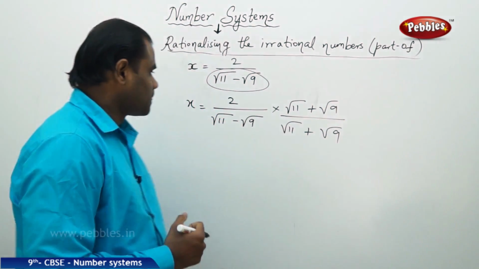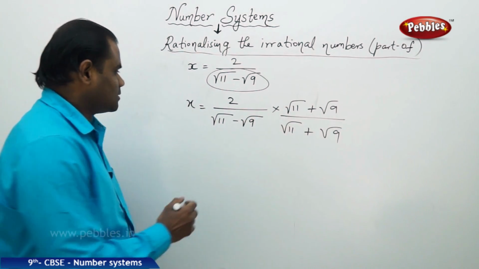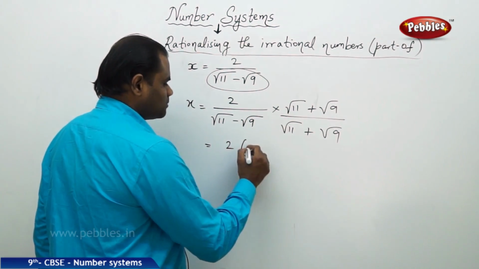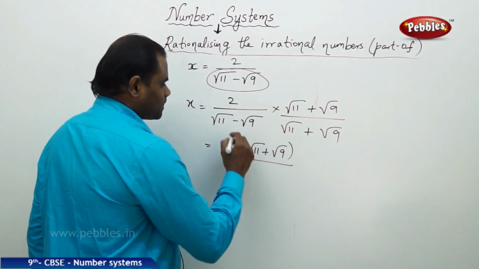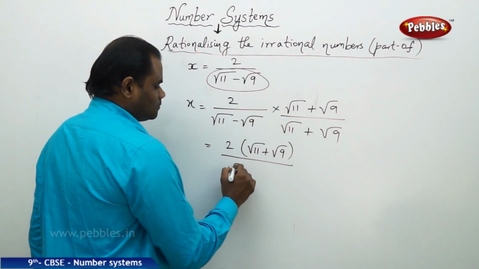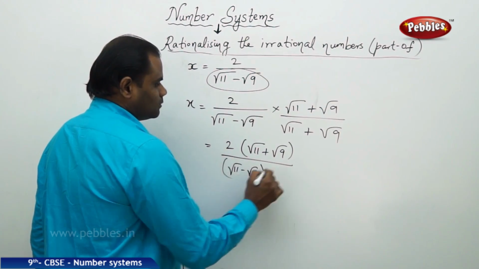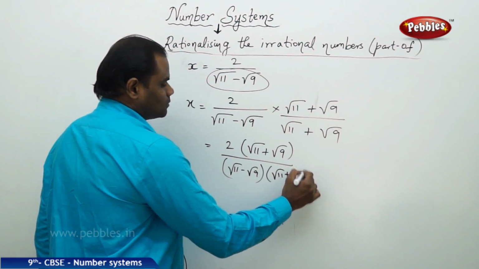So I multiply and divide with this, which gives me 2 times root 11 plus root 9 by root 11 minus root 9 times root 11 plus root 9.